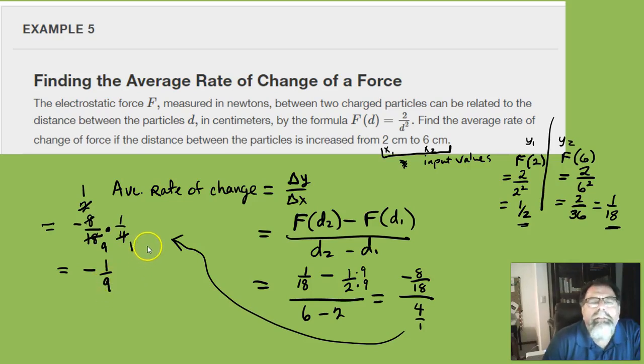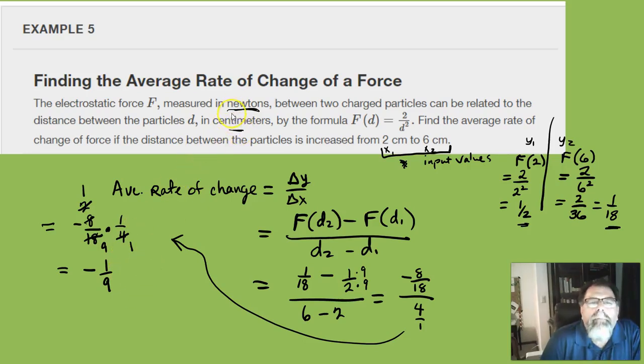And what were the units? Distance is centimeters. And did it say what the other one was? Okay. Force is in newtons. So it's newtons per centimeter.